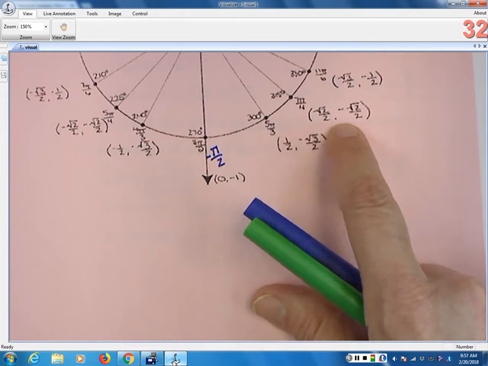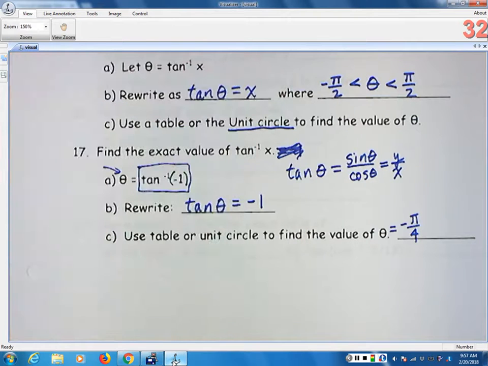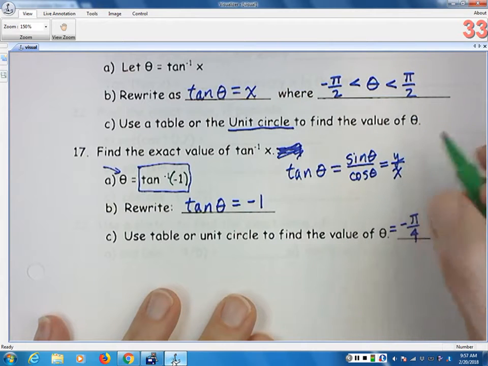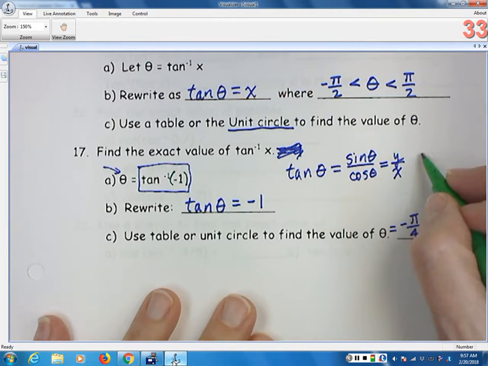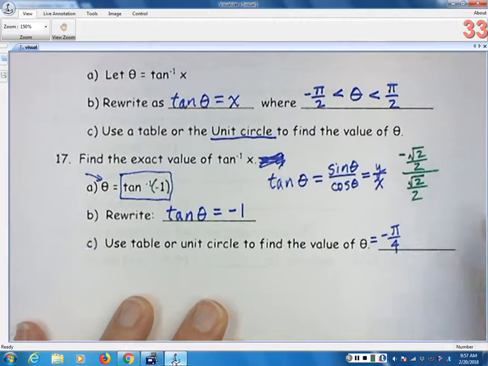It's -1. There's a minus sign here. Don't the two negatives make a positive? We don't have two negatives. Oh, you're right, the coordinates. Okay, I get it now. Minus square root of 2 over 2 over positive square root of 2 over 2 is -1.